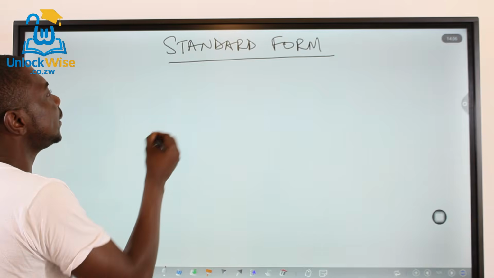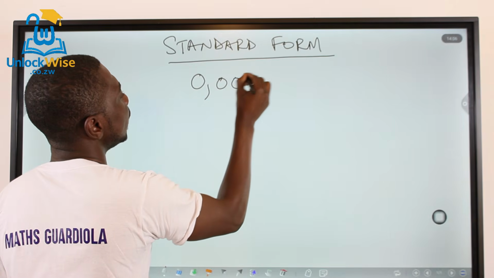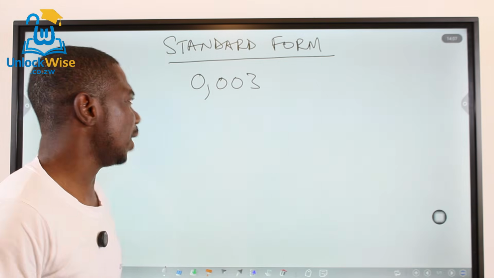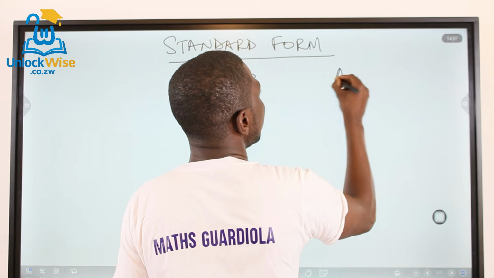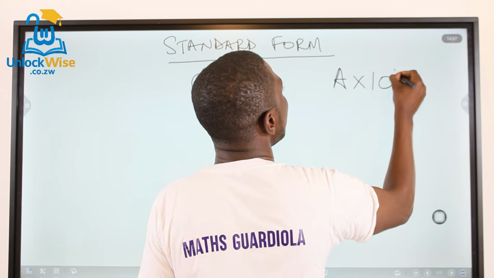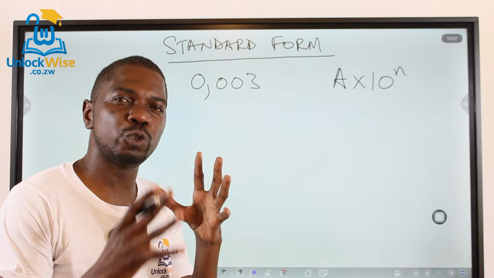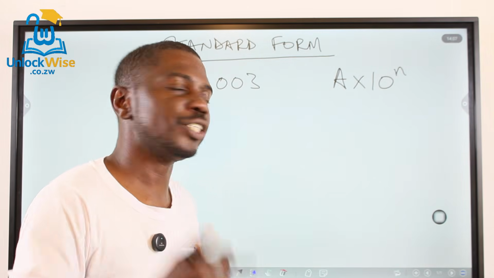Right. Let's say we have a number which is 0,003. We want to write it in standard form, of which I said it's writing a number in the form a times 10 to the power n, right? Where a is a number between 1 and 10, and n is an integer.